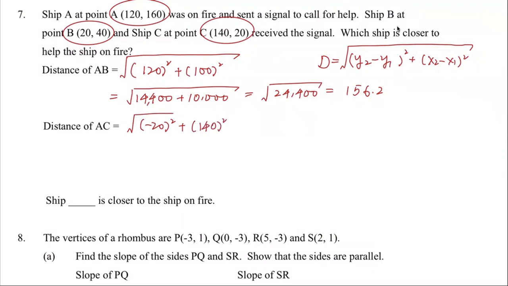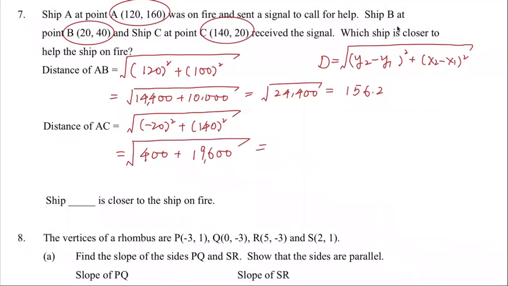Right? And then square root. So this is equal to minus 20 squared, that's 400. Right? And 140 squared, that should be 19,600. And then square root.